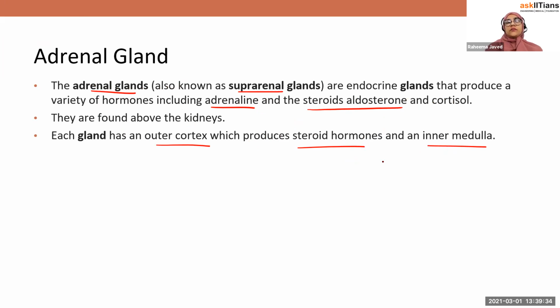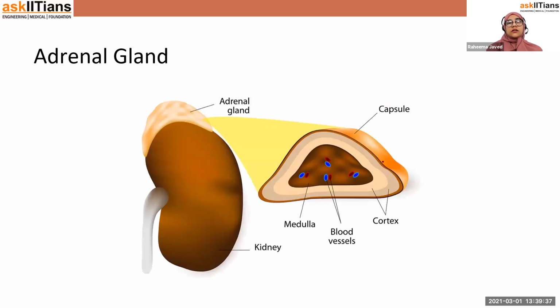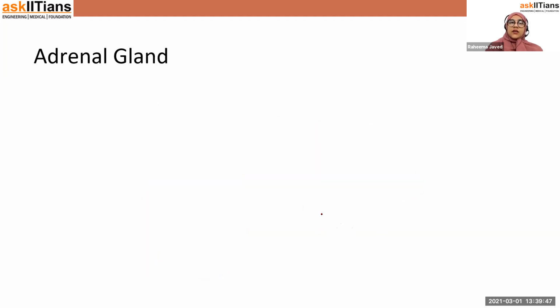This is the structure. You can see the outer cortex and inner medulla in the section of the adrenal gland. Here I'm going to discuss the hormones secreted by the adrenal cortex and adrenal medulla, so I'm going to make two columns.